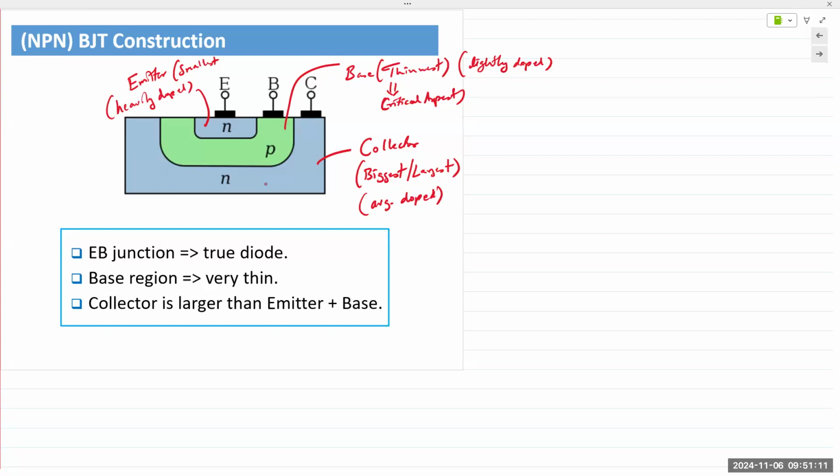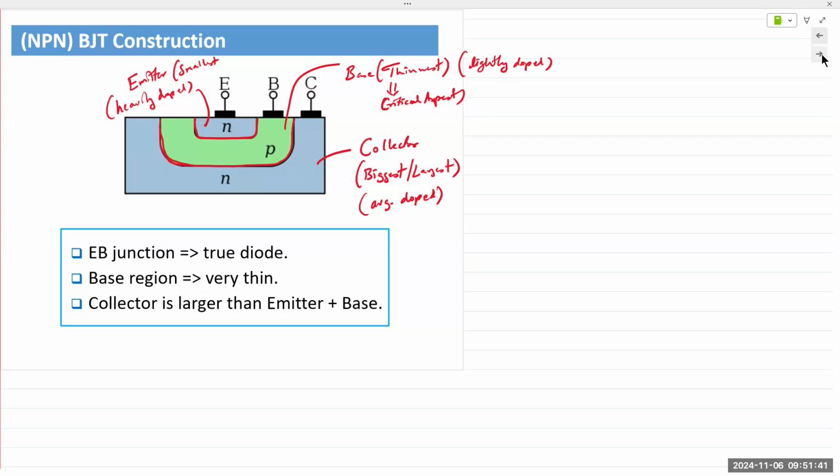The emitter-base junction behaves like a true diode because we forward bias it, and the collector-base junction typically might be reverse biased, or it could be forward biased.